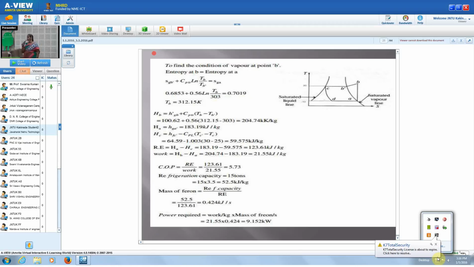Then after finding HB, next you have to find out HC. It is in the subcooled state. So that curve is not completely given. From B dash to C dash should be there, and after that it should pass through the liquid line.